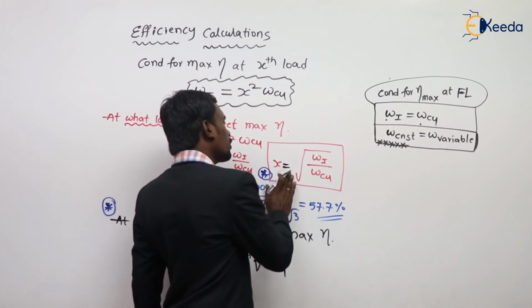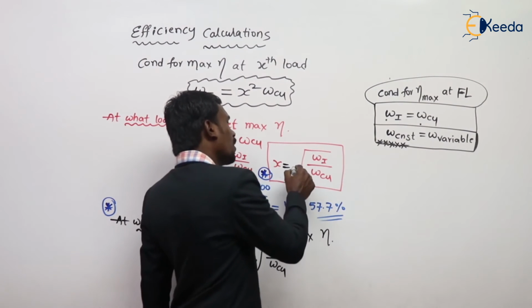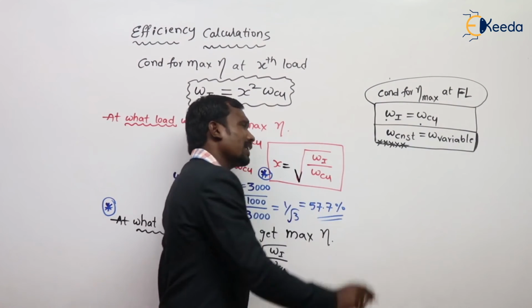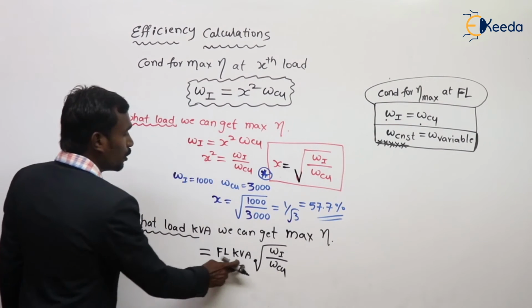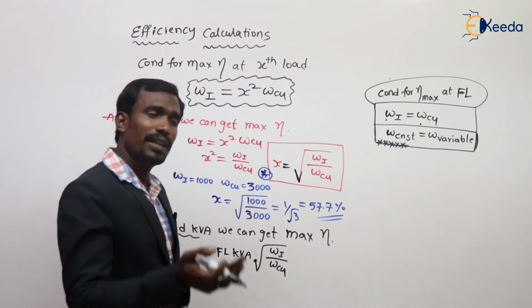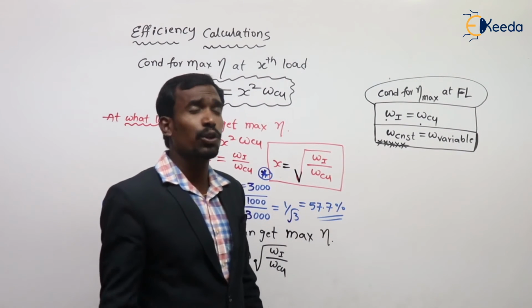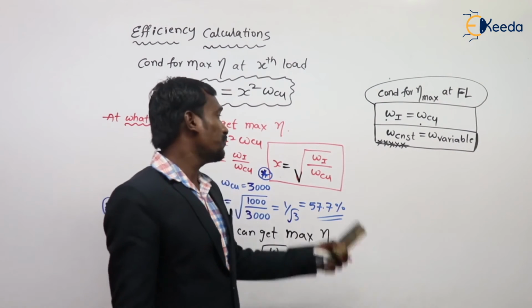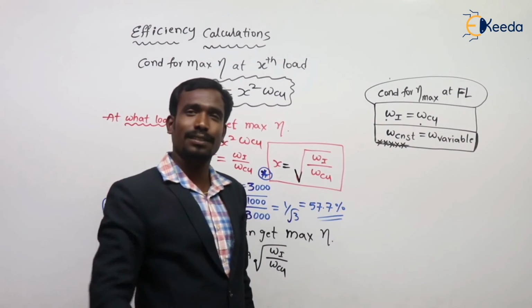That's why there is no need to write full load there, because we know full load is nothing but 1. But here the full load kVA may be 100 kVA or 300 kVA or 500 kVA or 600 kVA, we don't know exactly. Full load is nothing but 1, half load is nothing but 1 by 2, like that.